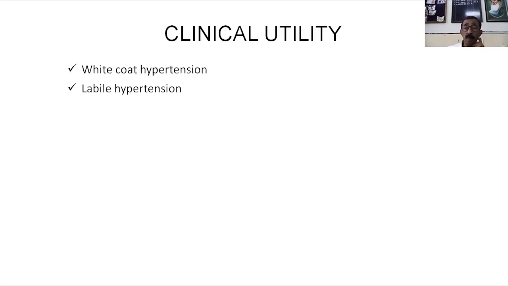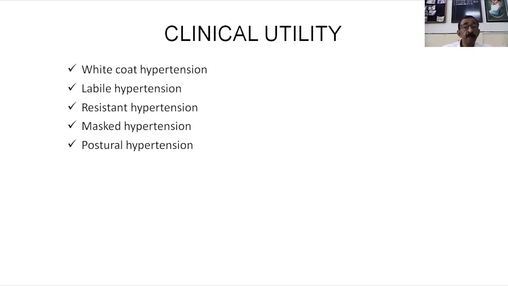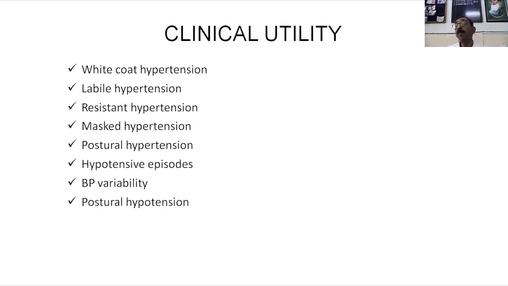Labile hypertension, resistant hypertension, masked hypertension, which is just the opposite of white coat hypertension, postural hypertension, hypotensive episodes, BP variability, and postural hypotension. So these are the different clinical utilities of ambulatory BP monitoring.